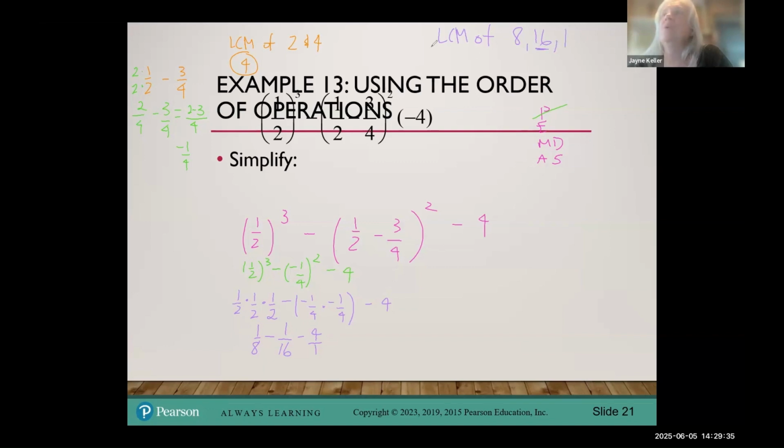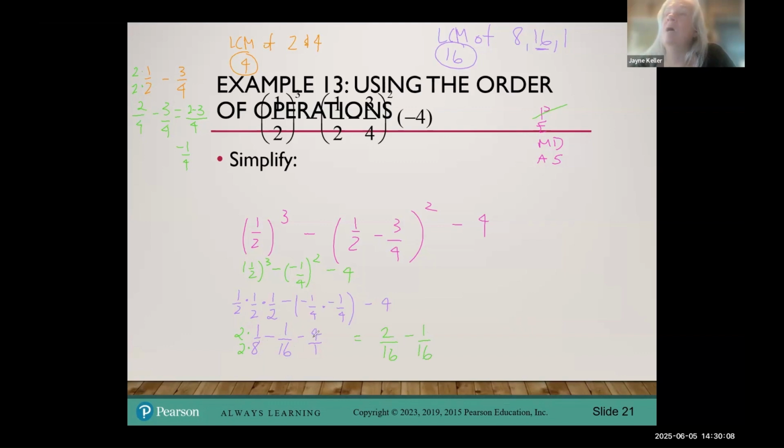I start with the biggest one, 16. Does 8 go into 16? Yes. And so does 1, of course. So that's my least common multiple. What do I have to multiply 8 by to get 16? 2. And you multiply 1 by 2 as well. So I have 2 over 16 minus 1 over 16.